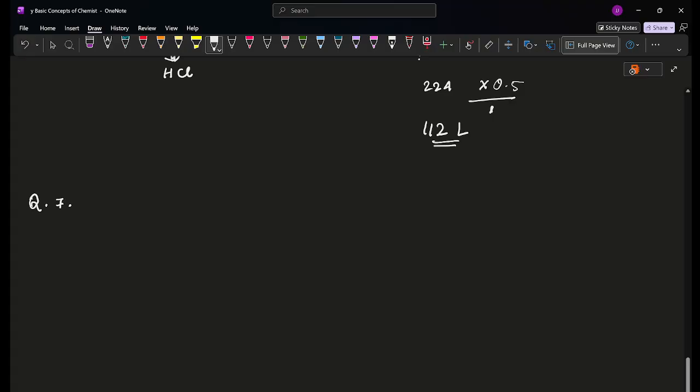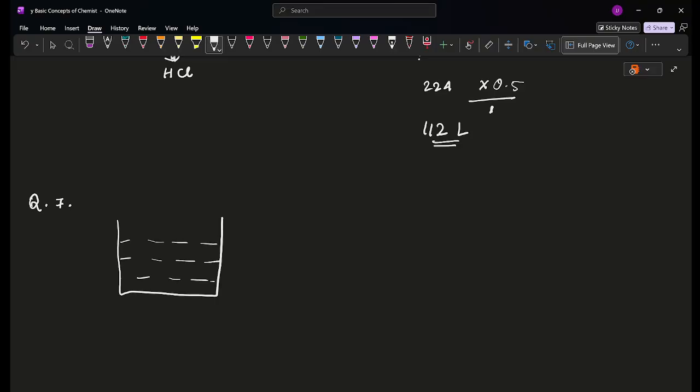So concentration, okay, this is a pretty important question, and I really think we should take time to understand it properly. So let me do it in a diagram format so that it's easier to understand.